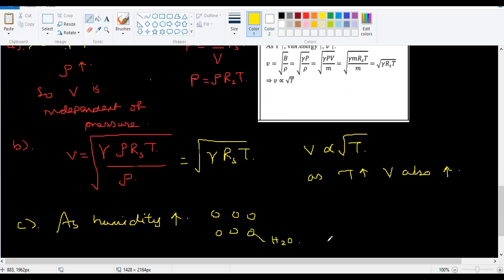So some of the oxygen and nitrogen is removed and H2O, water molecules, are added in the vapor form.